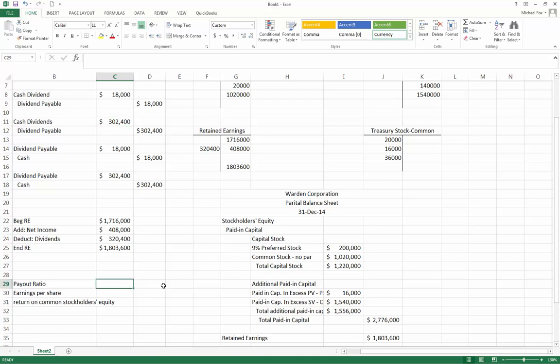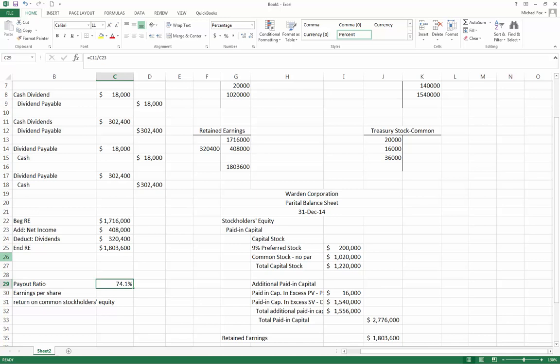So it's kind of like saying, of the net income or of the profit the company has made, how much of it, what percentage of it was paid out as a dividend to the common shareholders. We'll express this one as a percentage and see that it was 74.1%.